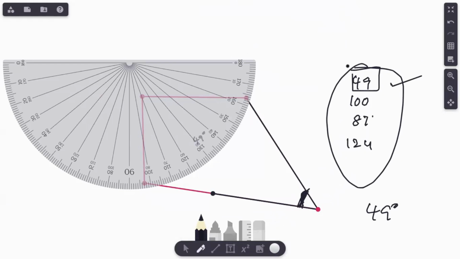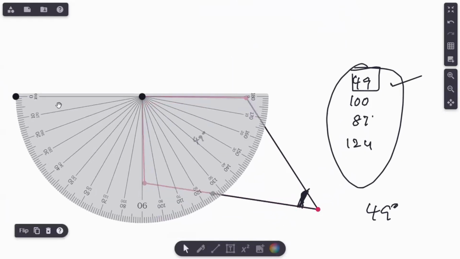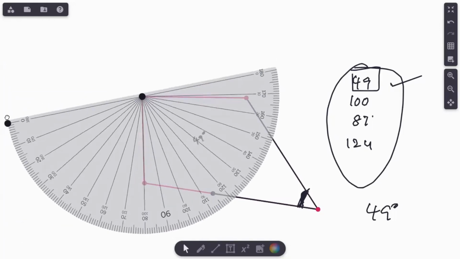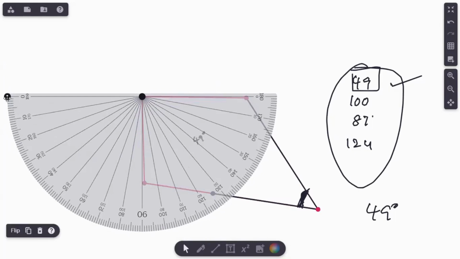Right? So very simple. Keep the protractor center at the angle you need to find, and align the base line of the protractor with the baseline. So we have two arms. One arm should coincide with the baseline. The other arm will give us the measure. When you're calculating the measure, make sure whether to take the inside or outside scale.